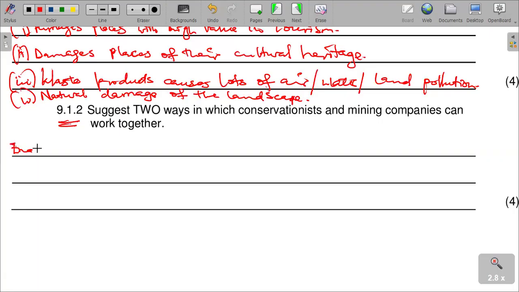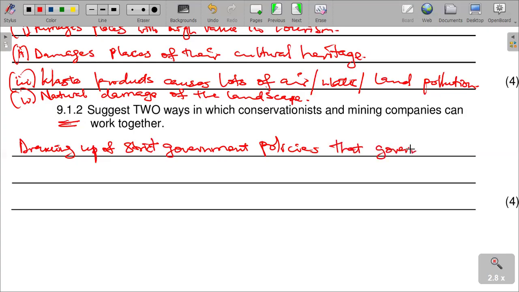We can talk about the enactment of strict government policies that govern mining. That is one.